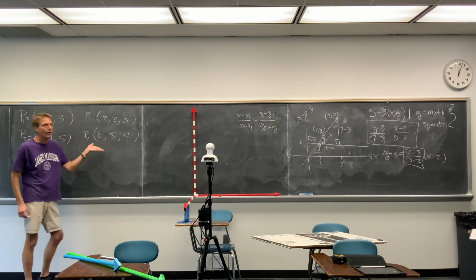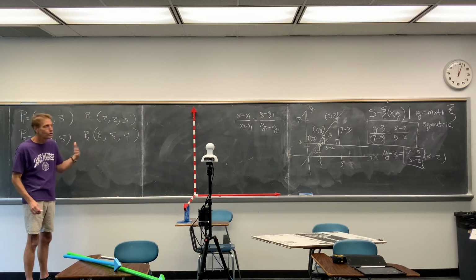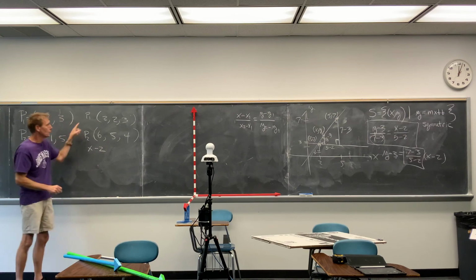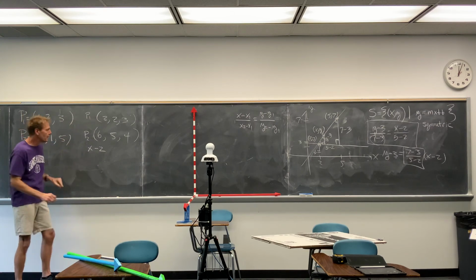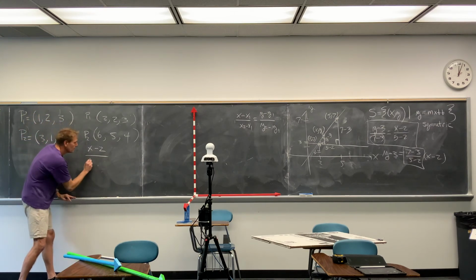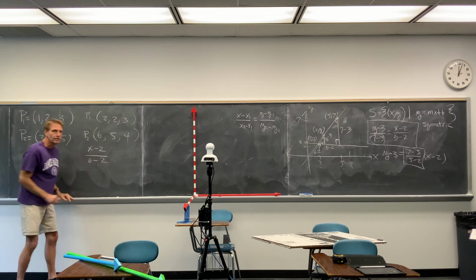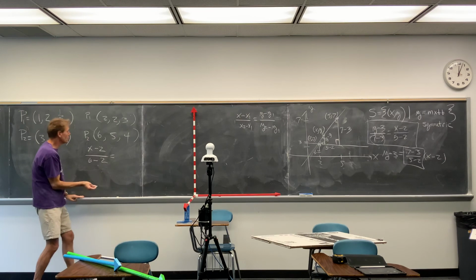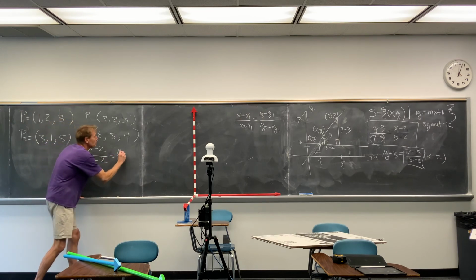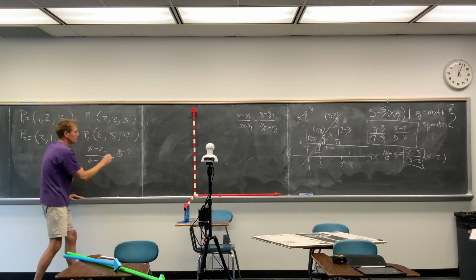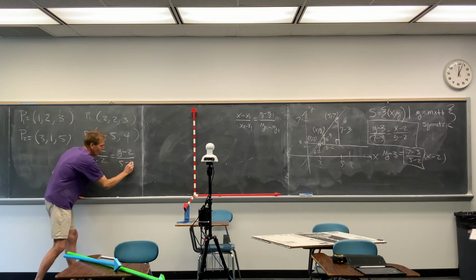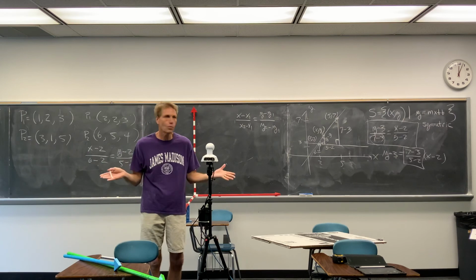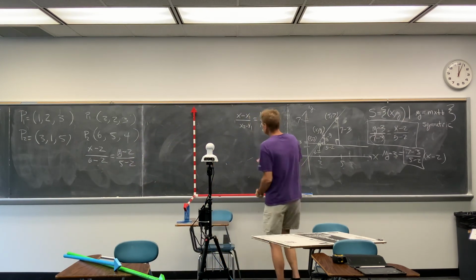It doesn't really matter which I call point 1 or point 2, but it would be x minus 2, if I call this x1, divided by 6 minus 2, is equal to y minus 2 over 5 minus 2. You're like, hey, Dr. Warren, that's awesome. That's the equation of the line.